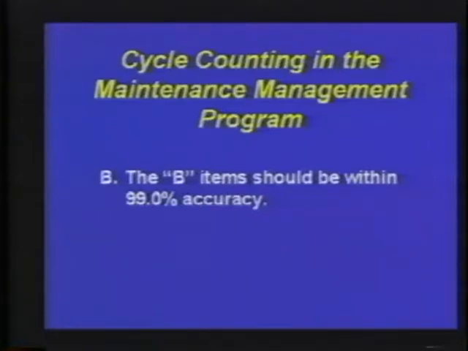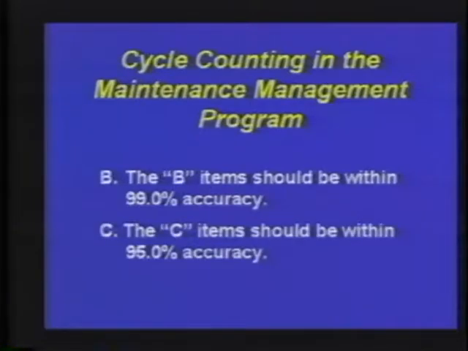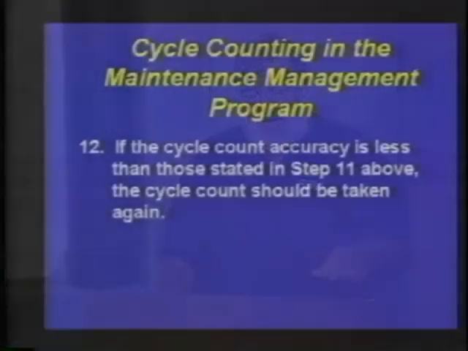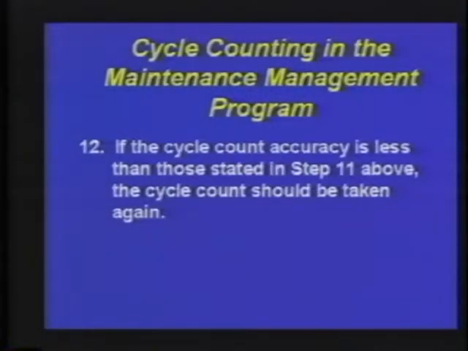And since many of the C items may be an integral part of a bench stack or 2-bin system, then we go down to 95.0% accurate. Again, if the cycle count is outside of the parameters which were identified in step 11, and I'm now in step number 12, then the cycle count is rejected and should be taken again.